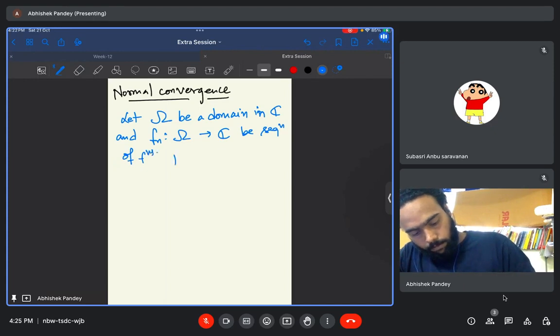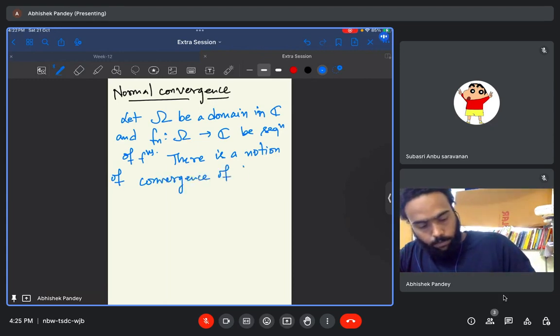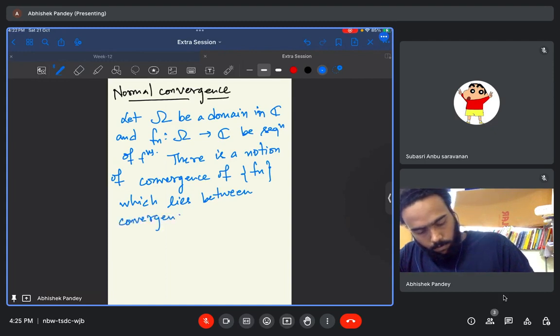There is a notion of convergence of the sequence fn which lies between pointwise convergence and uniform convergence.